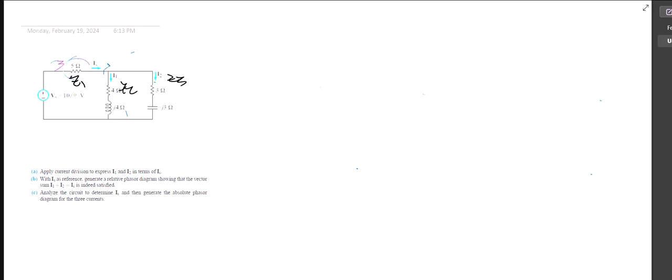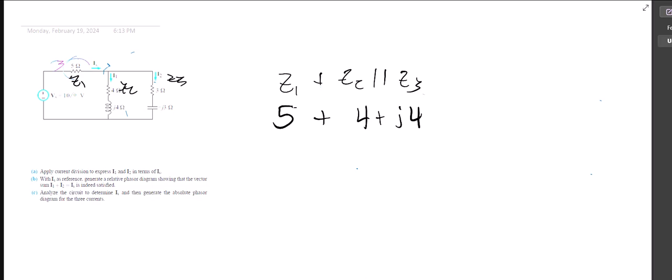So my equivalent total impedance is Z1 plus Z2 in parallel with Z3. So Z1 is, in this case, just 5. Z2 is 4 plus j4, and that's in parallel with Z3, which is 3 minus j3.